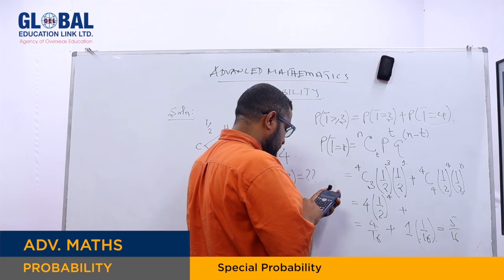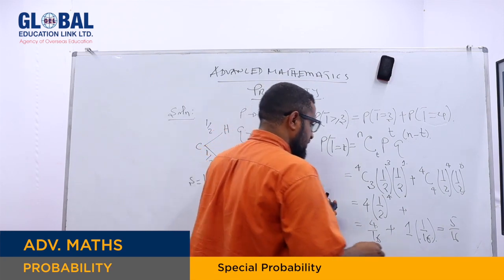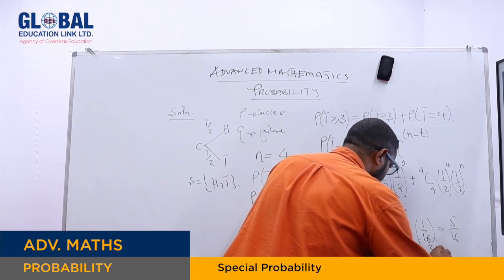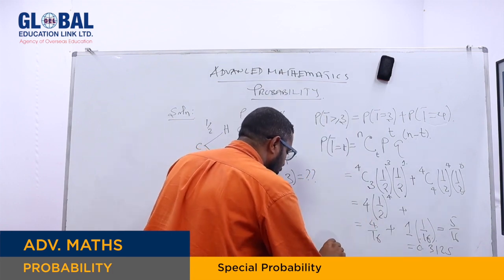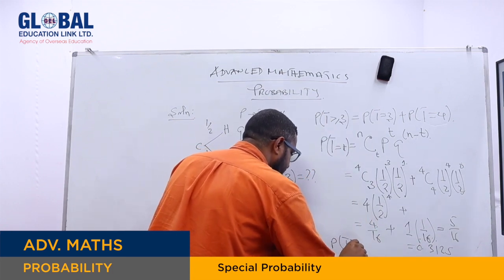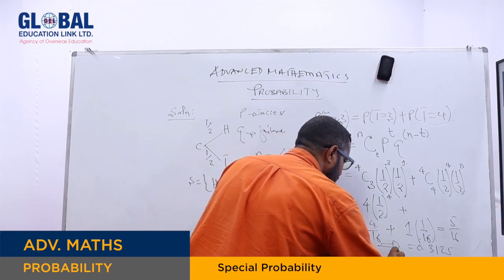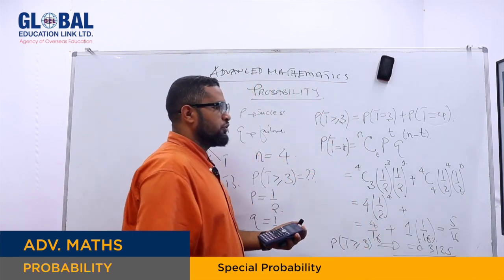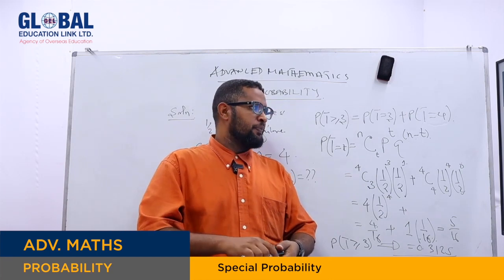Now use your calculator to divide. 5 divided by 16, we get 0.3125. So the probability of obtaining at least 3 tails is equal to 0.3125. That is example number 1.